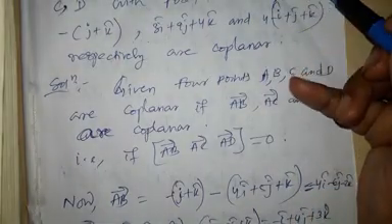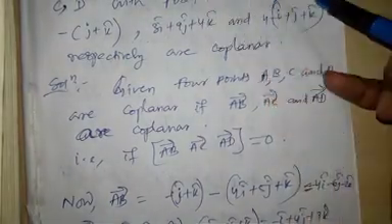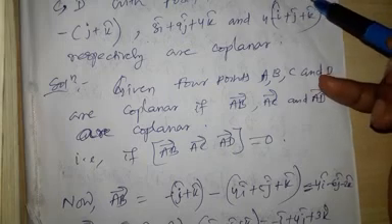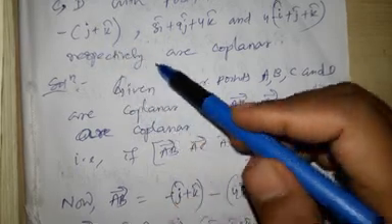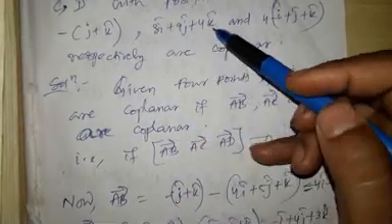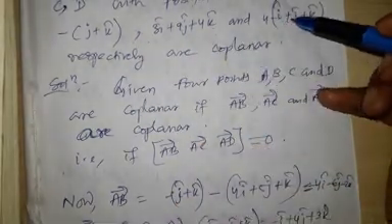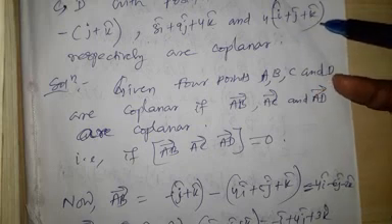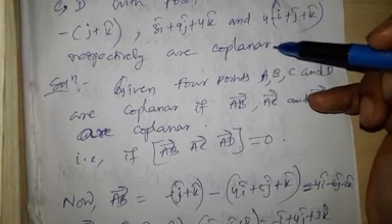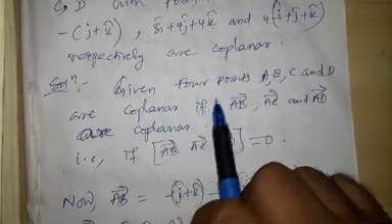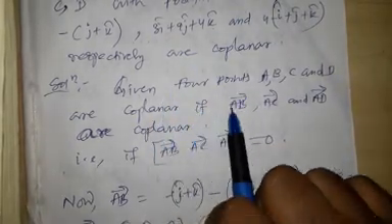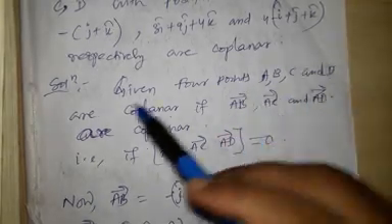The 4 points A, B, C, D with position vectors 4i plus 5j plus k, minus j minus k, 3i plus 9j plus 4k, and 4 times minus i plus j plus k respectively are coplanar. Prove that they are coplanar. Given 4 points A, B, C, D are coplanar if AB, AC, AD are coplanar.